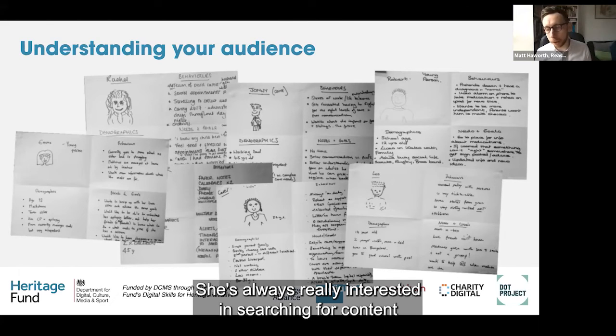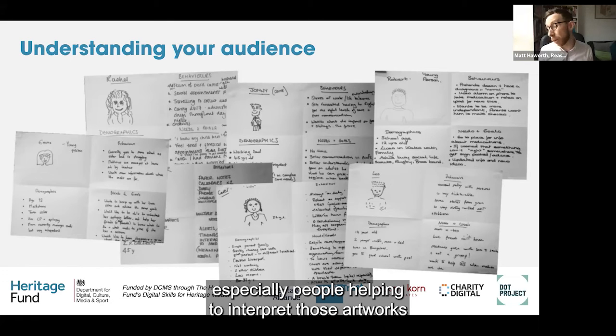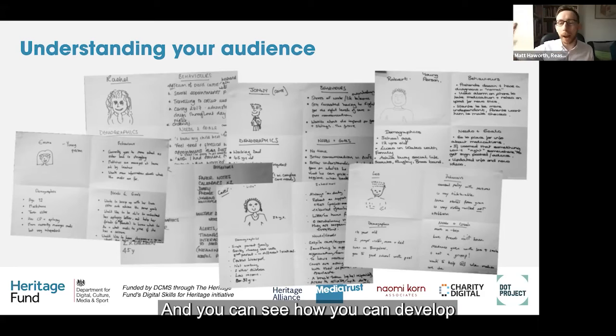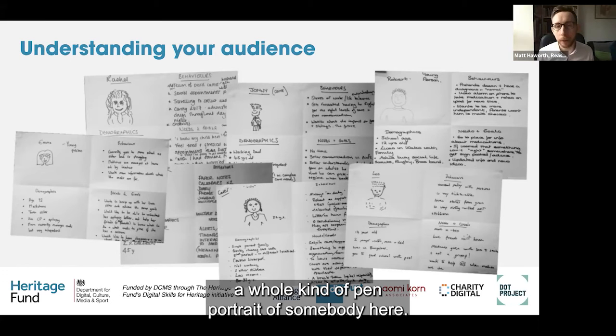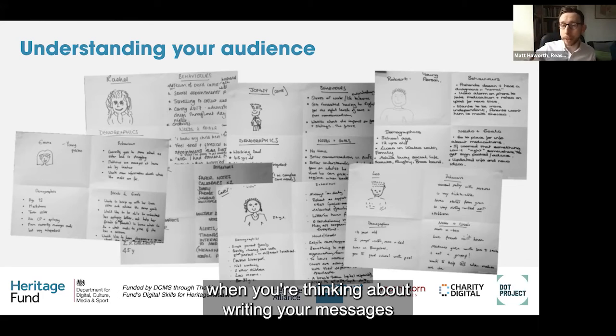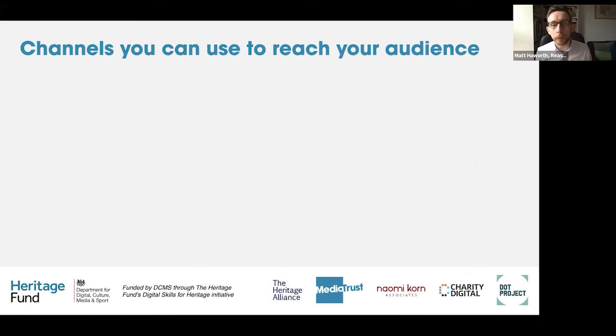She's always really interested in searching for content about her favourite artists, especially people helping to interpret those artworks, because she's always keen to relate to them in new ways. You can see how you can develop a whole pen portrait of somebody here, and that helps make somebody very clear in your mind when you're thinking about writing your messages or thinking about how you might be able to reach that audience.